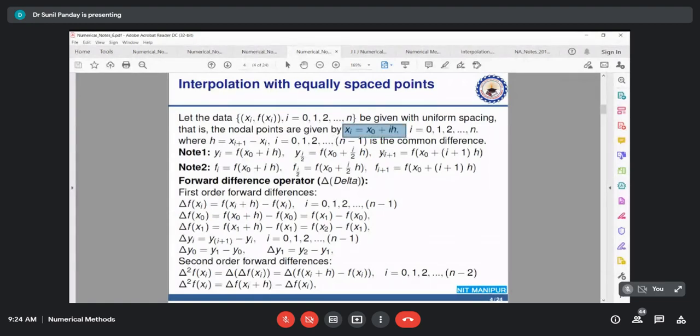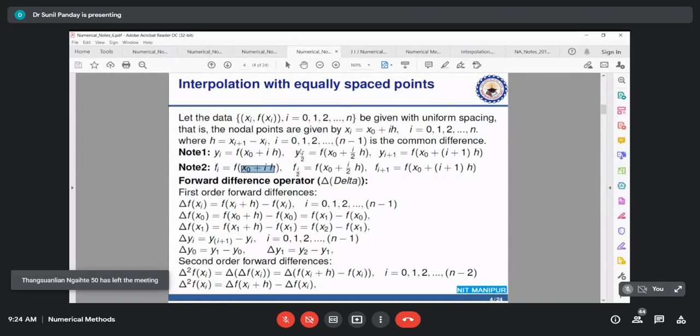This is the way we have defined our equally spaced data. By equally spaced data, we mean equally spaced values in the x argument, and this xi is x naught plus ih. So if xi is x naught plus ih, then yi is f of xi, and fi can also be written the same way.